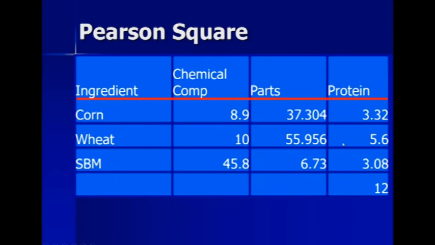Similarly, for wheat, 5.6 parts, soybean meal, we get 3.08. So by mixing around 37.3 parts of corn, 55.9 parts of wheat, and 6.8 parts of soybean meal, we get a feed mix of the ration that contains 12% of the protein. So this is how we can do our calculations for Pearson's square method.